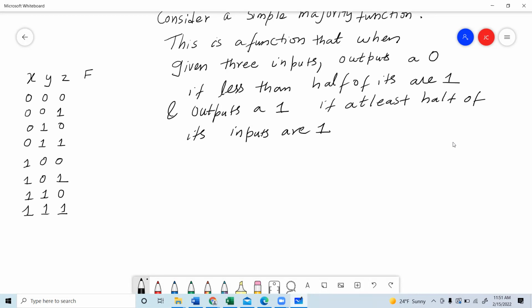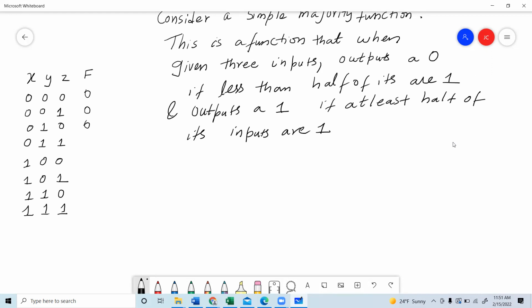There is no 1, so the output is 0. Here there is 1, which is not half of its inputs, so again the output is 0. Here 0, 1, 0, again only one 1, so this is not half of its inputs, and it still outputs 0.